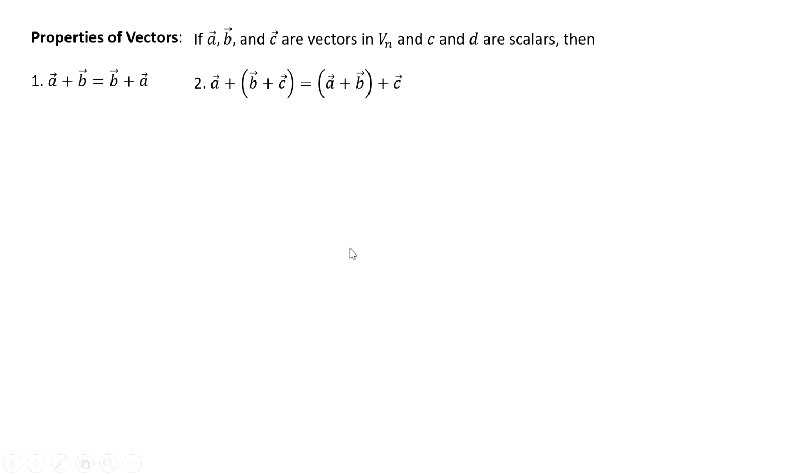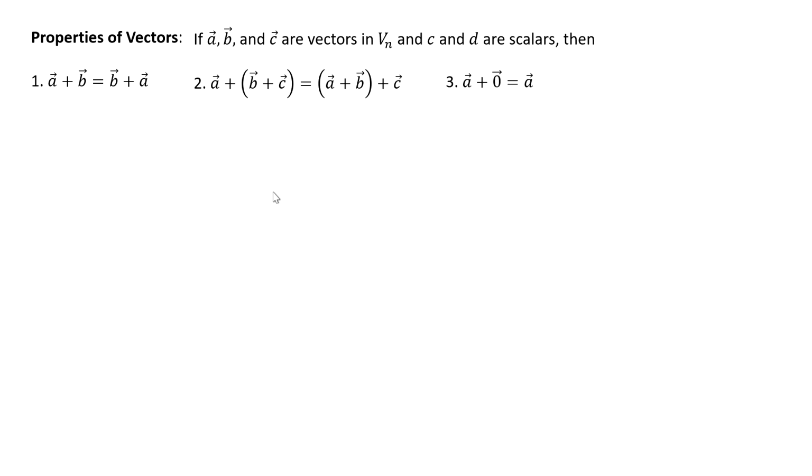Any idea what this property is called? Associative property. If you associate b and c together first and then add a to it, or you associate a and b first and then add c to it, you will get exactly the same thing.